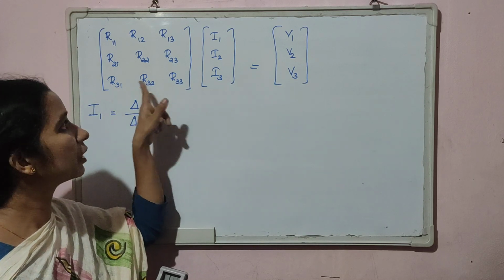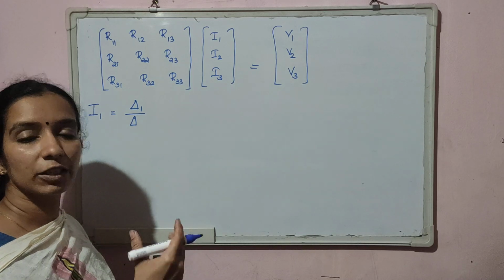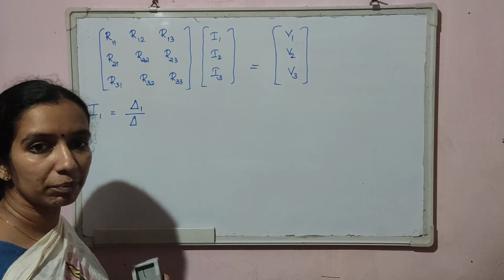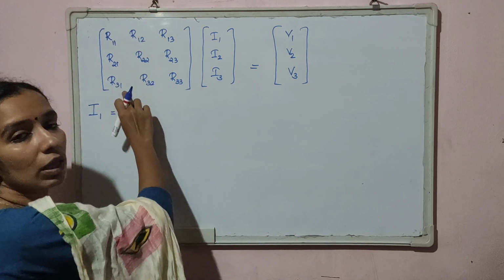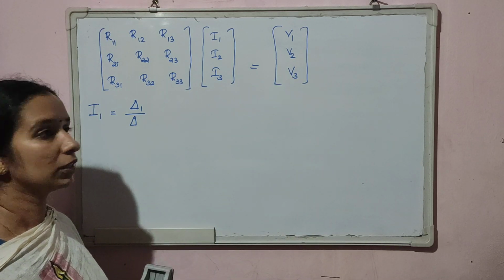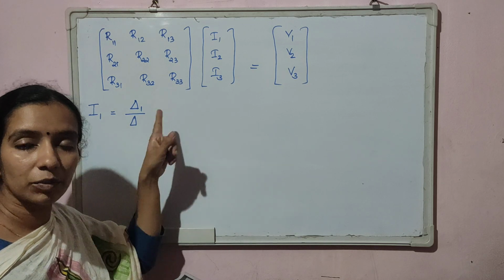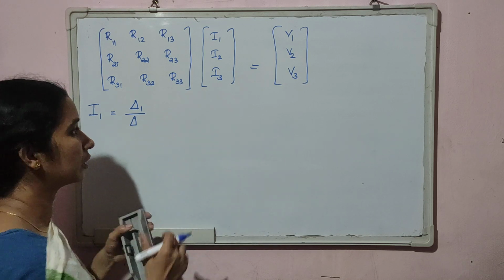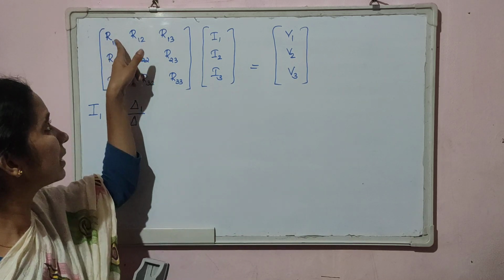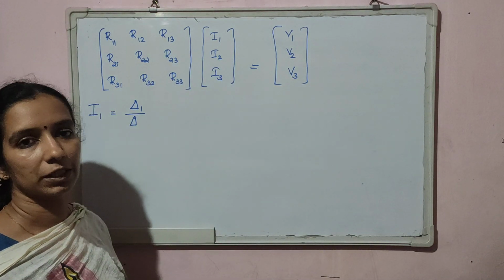Delta 1 is the determinant of a matrix which is obtained by replacing the first column of the resistance matrix by the voltage matrix.